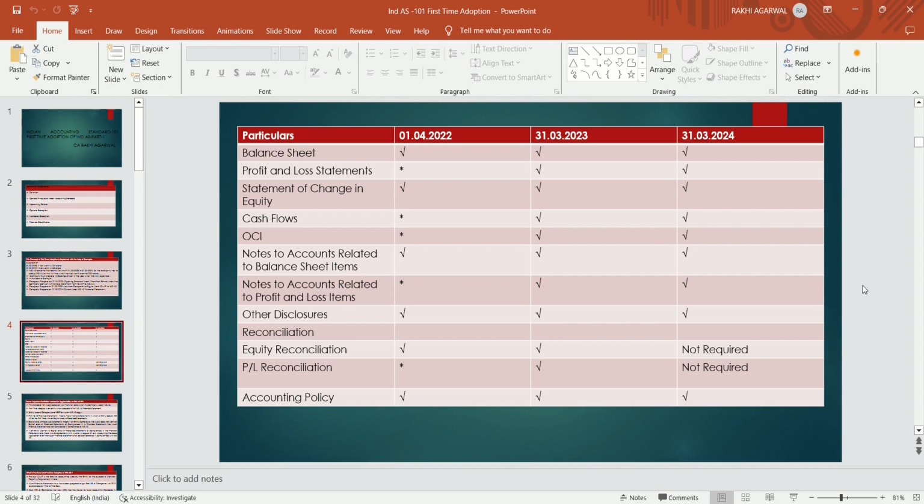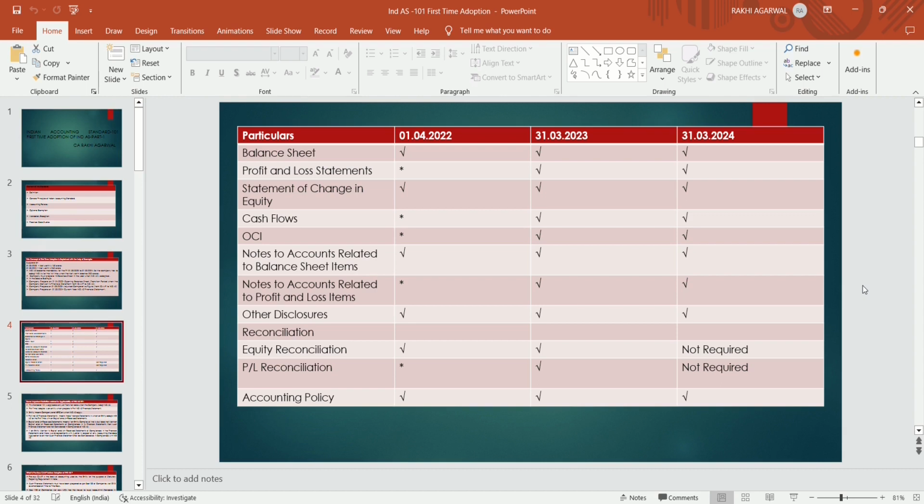Balance sheet is prepared for 3 years, that is on 1st April 2022, 31st March 2023 and 31st March 2024, the current final balance sheet, comparative balance sheet and opening balance sheet. Profit and loss statement is prepared for 2 years, the final and the previous comparative figures.